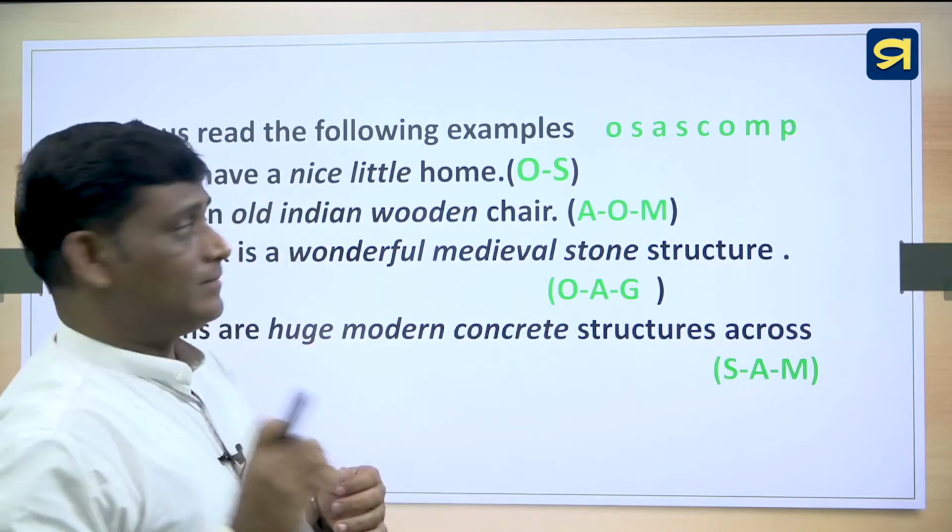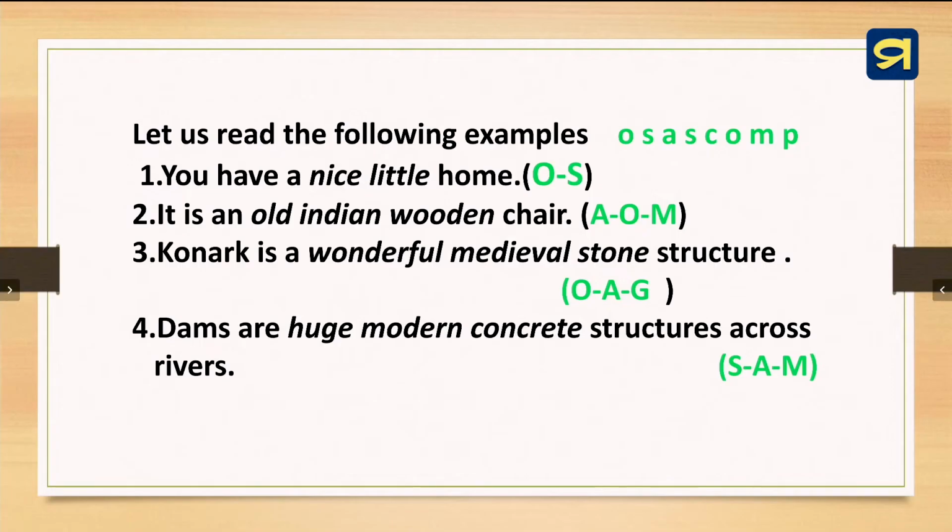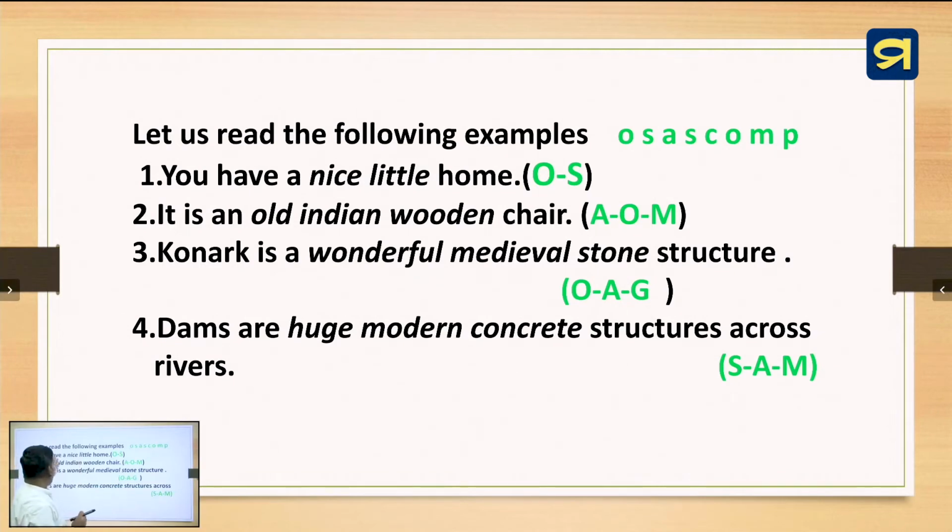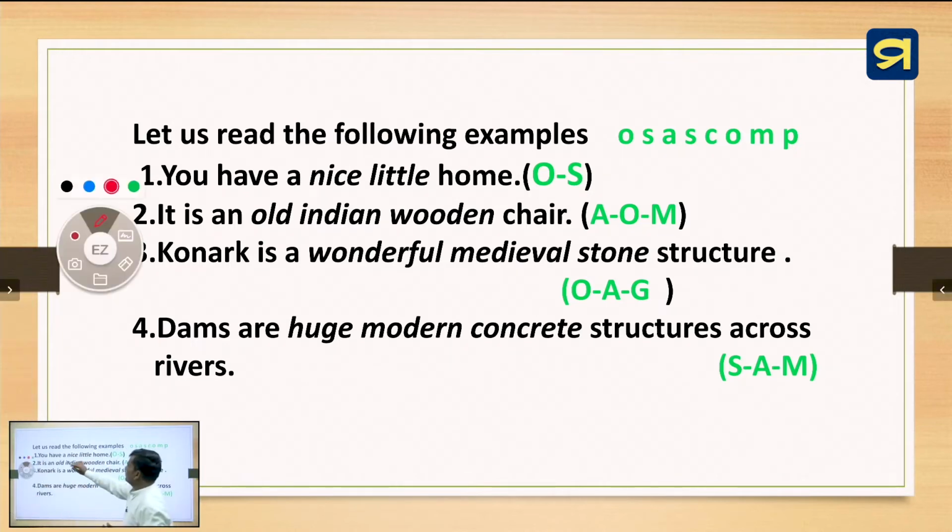Now some examples are written here. Let us read the following examples. You have a nice little home. Here, now we will find out the adjectives. Nice and little. We have already read nice.